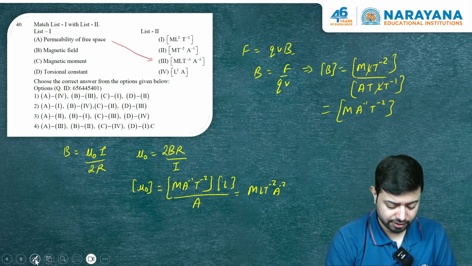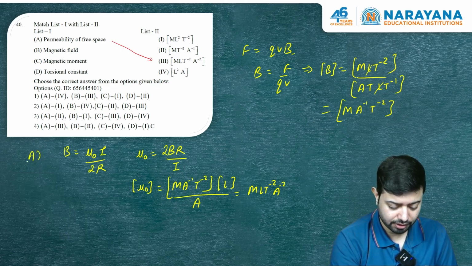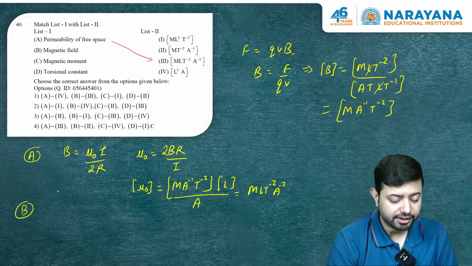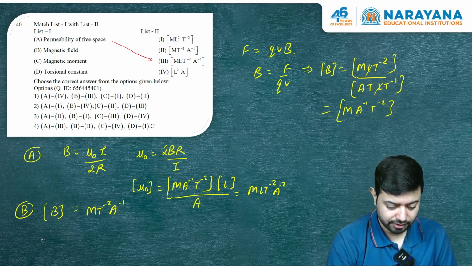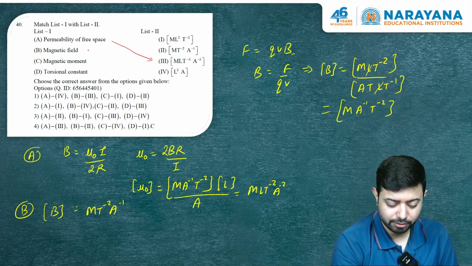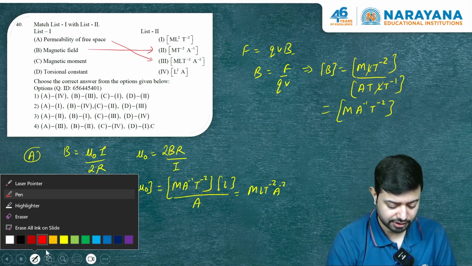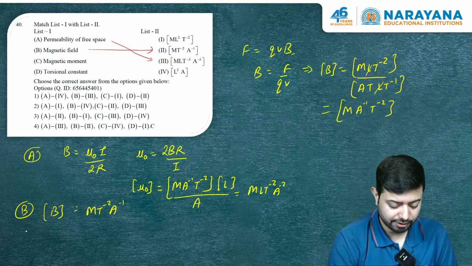The next one is the magnetic field. Just now we have found it is M T to the power minus 2 A to the power minus 1, so the magnetic field matches with that option.